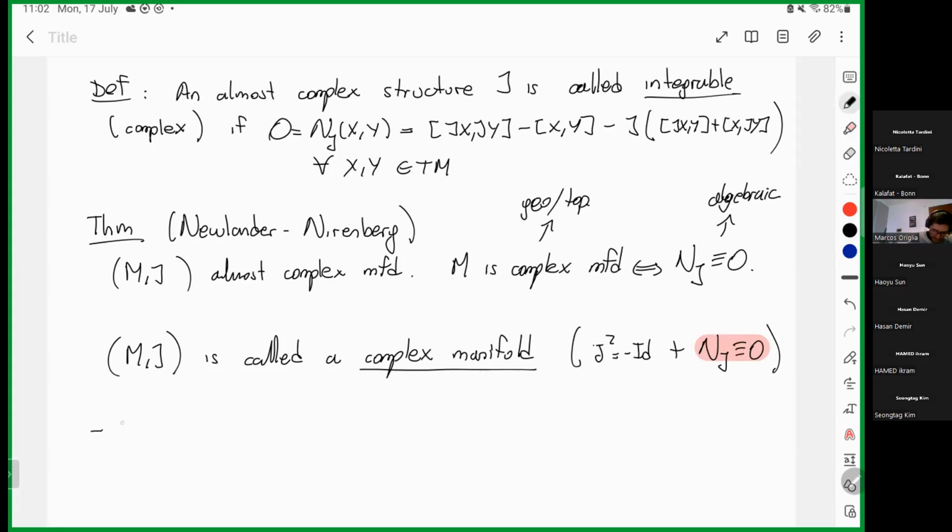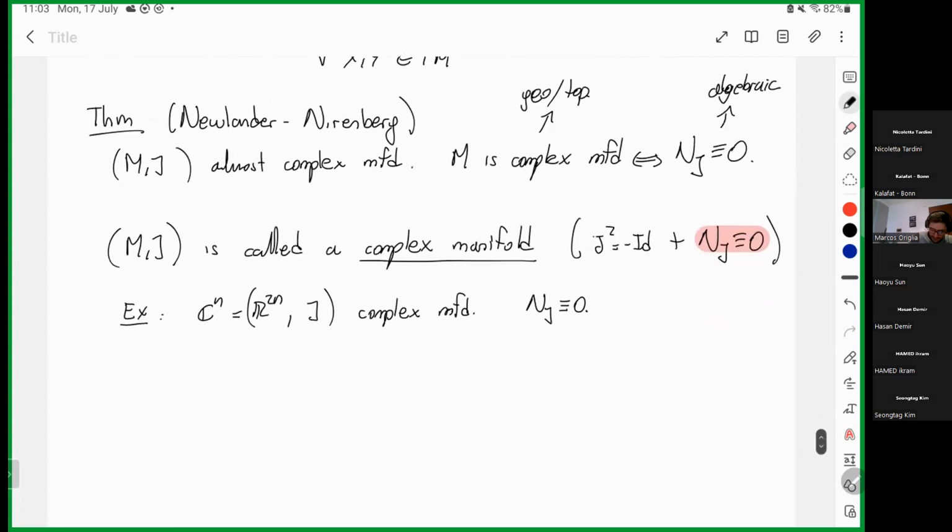Of course, our canonical example, C^n in its real version with the complex structure given by multiplication by i, is an example of a complex manifold, so that almost complex structure satisfies the extra condition.